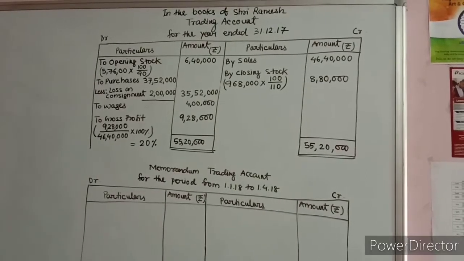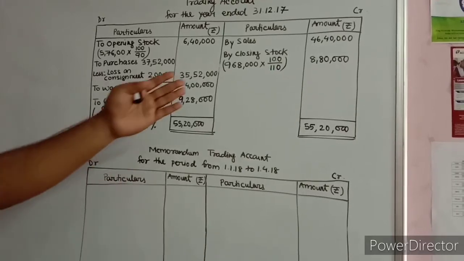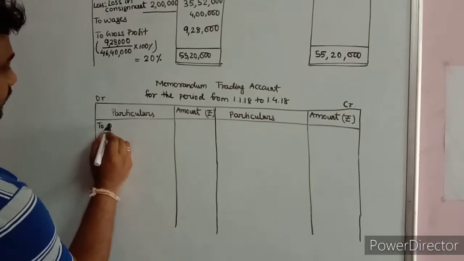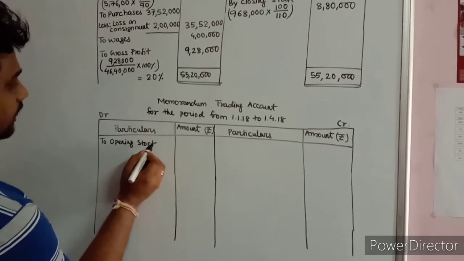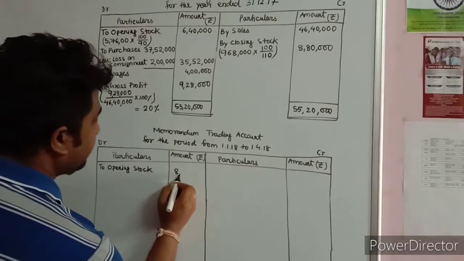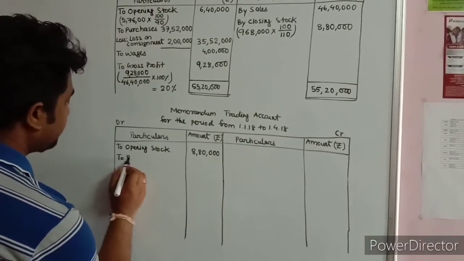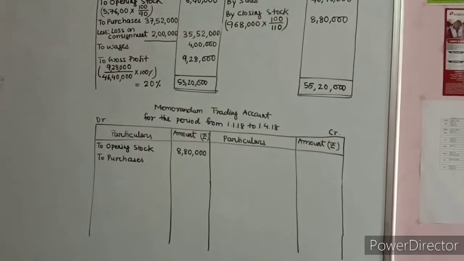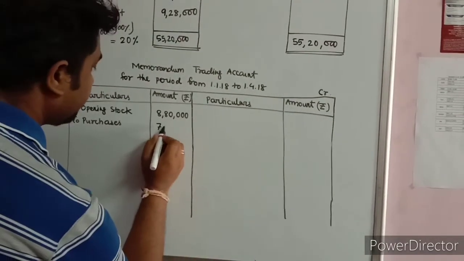Now with regard to the current period, we have the opening stock. The closing stock of the previous year will be the opening stock in the current year. So opening stock in the current period comes up to be 8,80,000. We have the amount of purchases given in the question, 7,28,000.